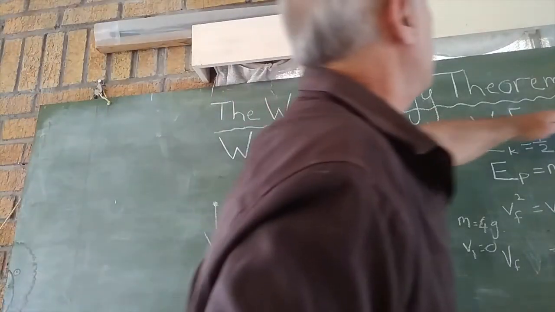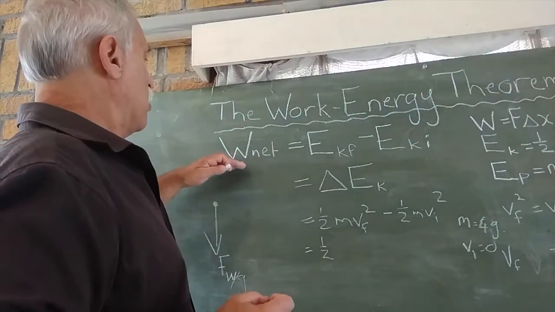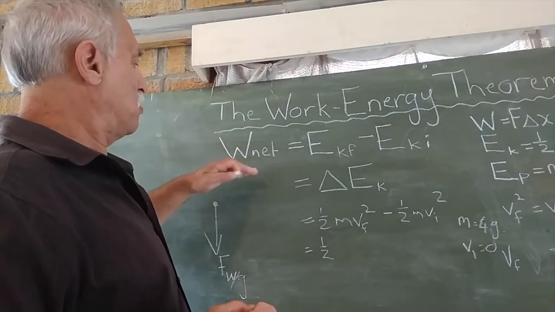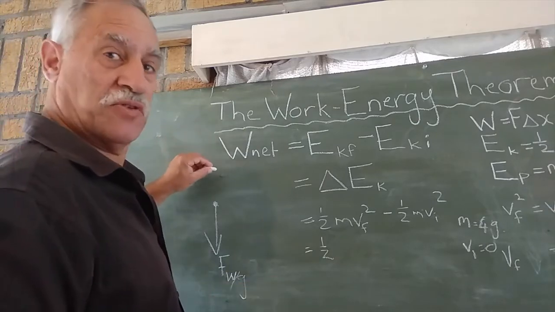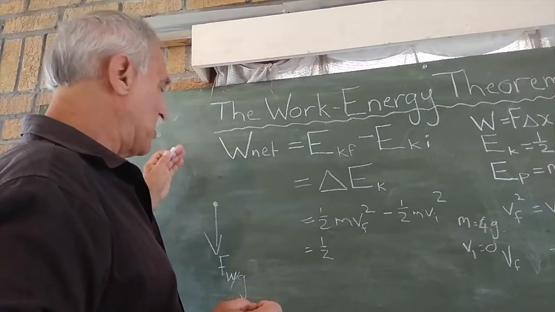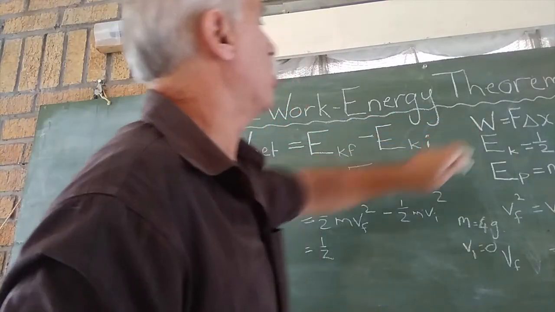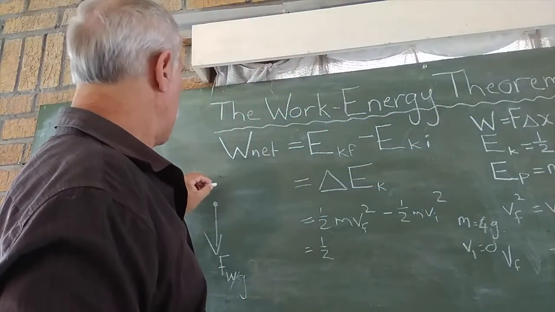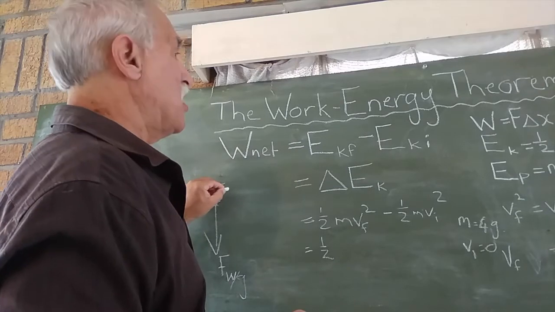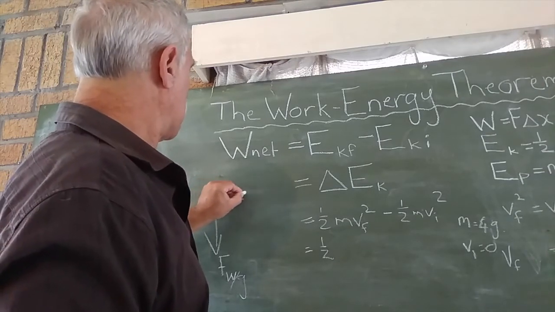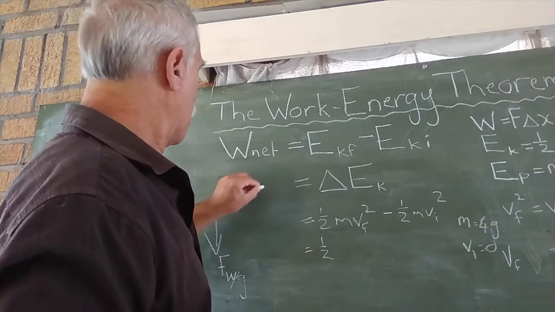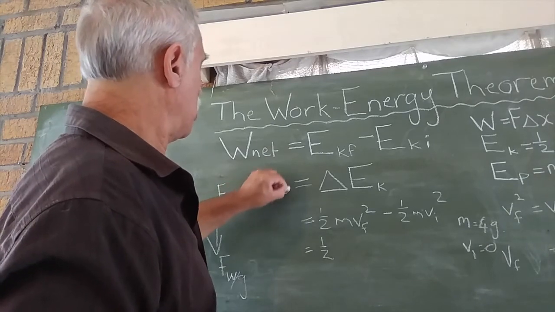So let's substitute that in for work net. If there were multiple forces, say an upward friction force, we would have to include that, but there aren't. So work net equals force times delta x cos theta.